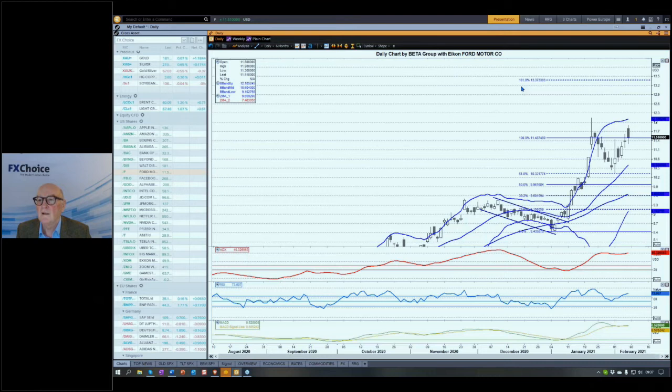Let's call it that. So watch this carefully. I think this trade is underway, and who wants to buy old-fashioned cars? But I think, well, seemingly people do. They're very bombed out. That's the thing.